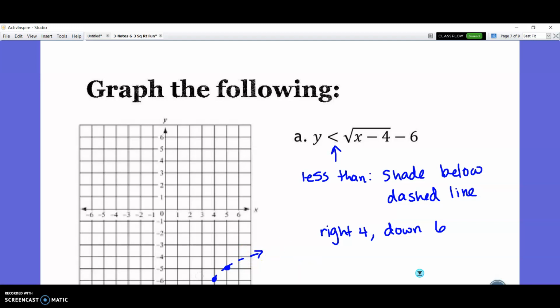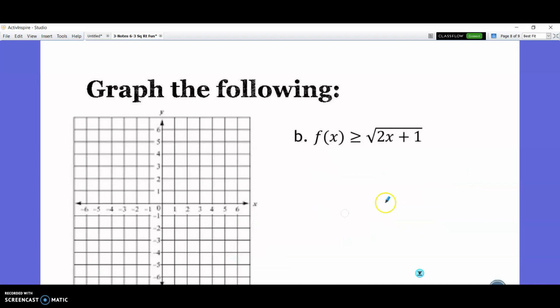And then I'm going to shade below, so all of this would get shaded. Okay, next one here.